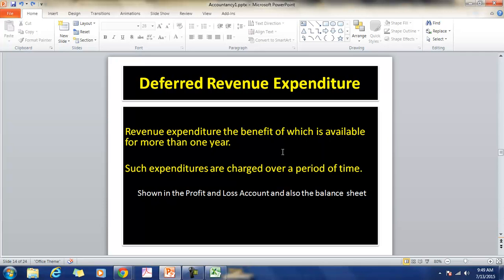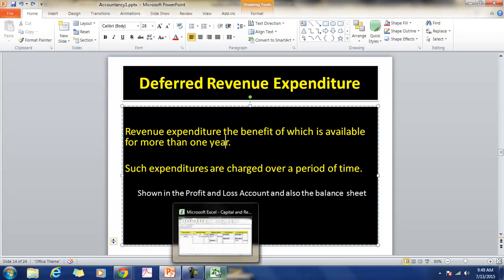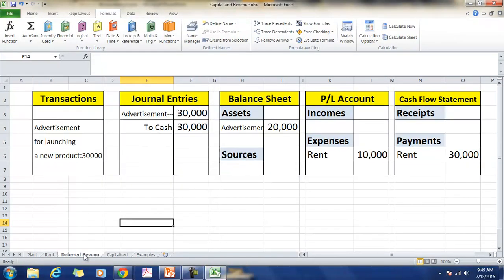Suppose advertisement for the year by default is a revenue expenditure. But if it is advertisement for launching a new product or starting a new business, we expect that the benefit of that advertisement will continue for more than 1 year. So therefore, the entire advertisement will not be treated as a revenue expense.